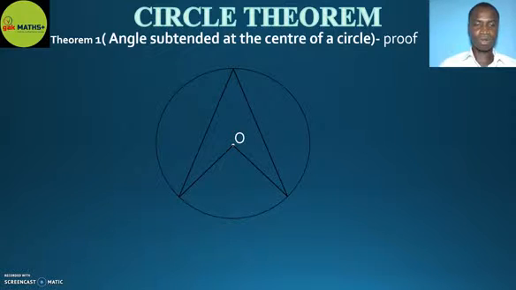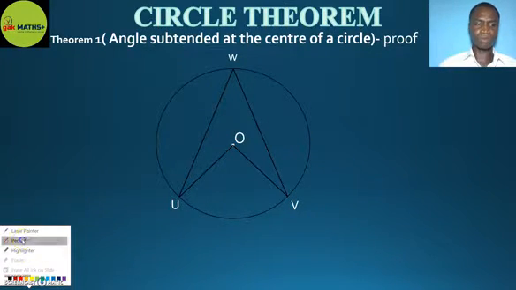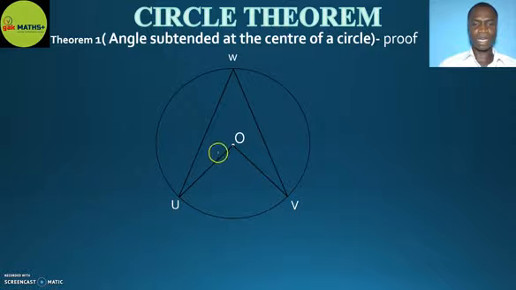Let's label the vertices of the figure formed as U, V, and W. Let's now label the angles formed at W, U, V, and O as A, B, C, and D. Let's draw a line segment WX through the center O as shown.